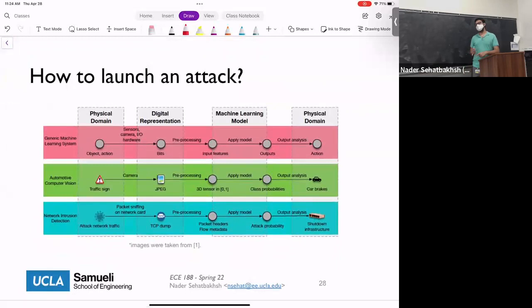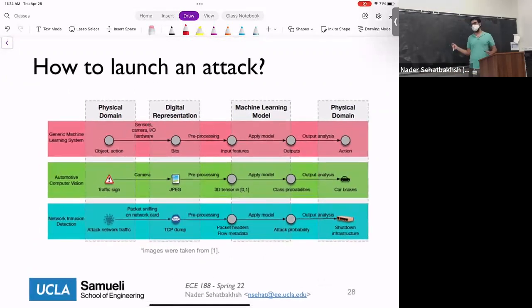To give you a big picture of how the machine learning pipeline generally works, it is very similar to what I described in the first week of the lecture: essentially any computing system is divided into three different pieces. There is a physical domain.